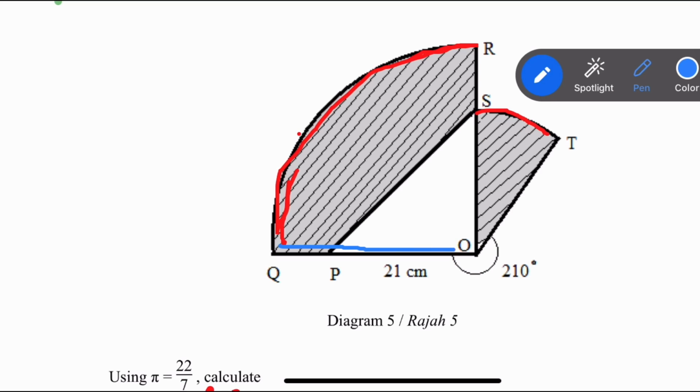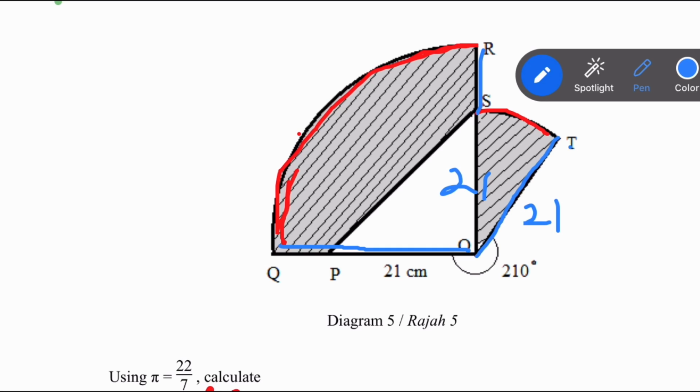So you have to trace the length in straight line, which is in blue color, and arc length is in red color. The one in red color is arc length, so you have to use a formula for arc length, right? For the one which is straight line, 21, is quite easy because it's the radius.